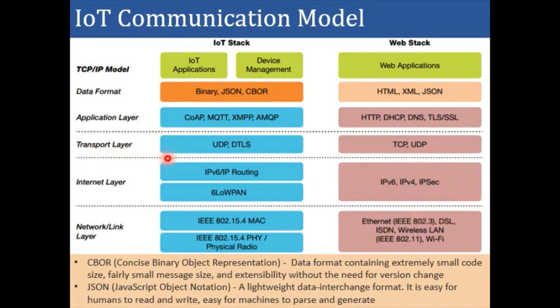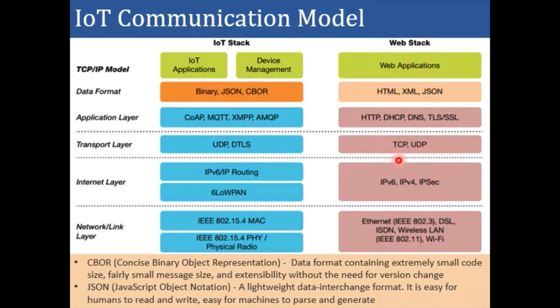Now at the transport layer, you will utilize either UDP or DTLS for the data communication. DTLS stands for Datagram Transport Layer Security. This will help in building the security layer so that the data can be securely transmitted using IoT devices.